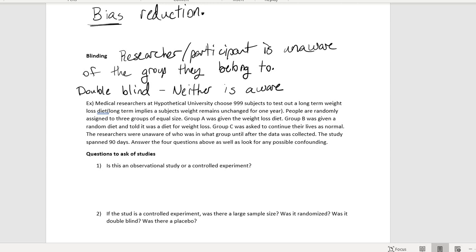So maybe the researcher puts the medication into envelopes labeled 1, 2, 3, 4, etc., and then randomly assigns them to the patient and then gives them to another person to distribute. That way, there's a line between the researcher and the participant, so nobody's aware of who's getting what until the very end of the study.